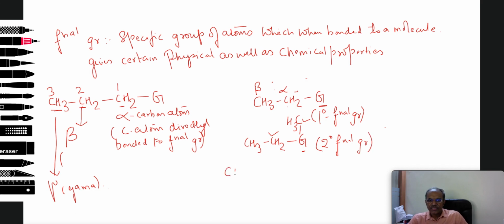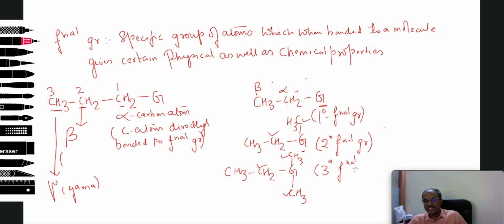Similarly, CH3, CH2, our G, this is bonded to CH3. Here it is bonded to another CH3. So can I say it is bonded to 1, 2 and 3 carbon atoms directly? So it is a tertiary functional group.